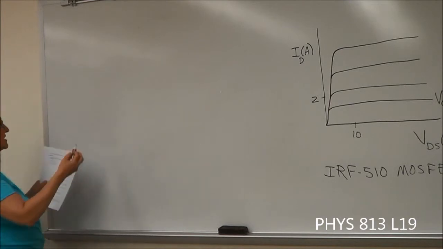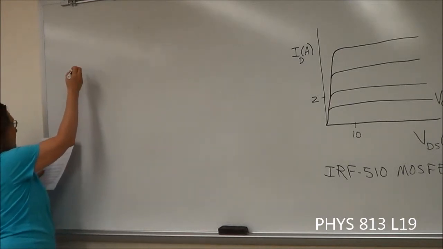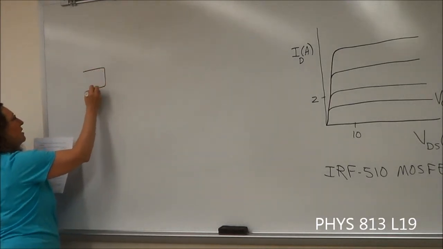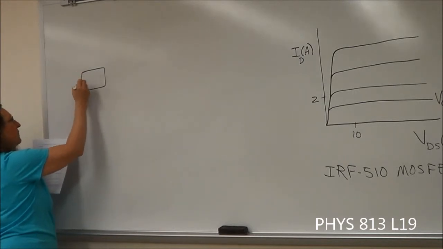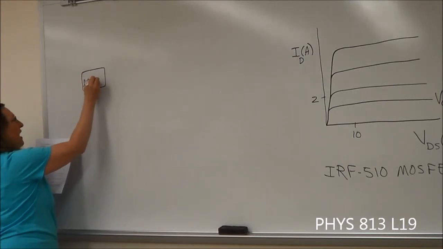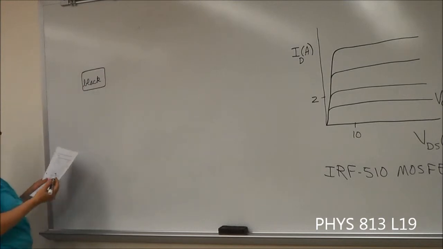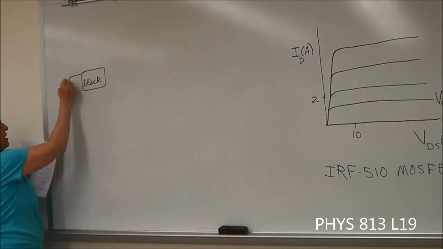So on the left side, you should actually draw the diagram of the transistor. So we're going to have it with the black side up, and then there's this other little part that you hold on to.